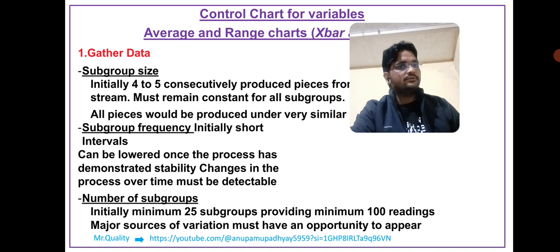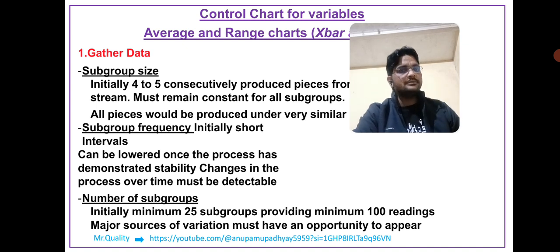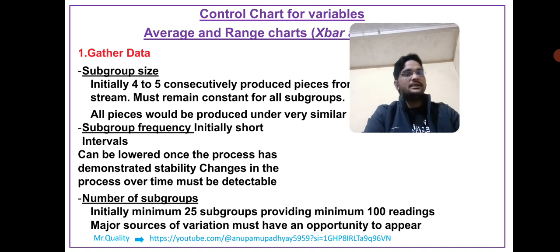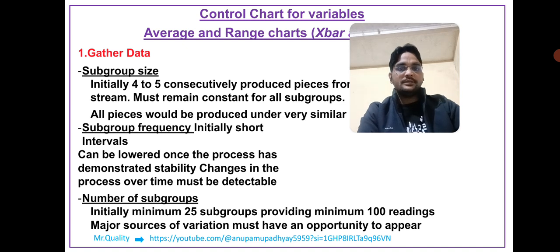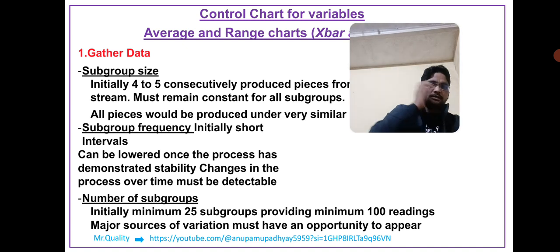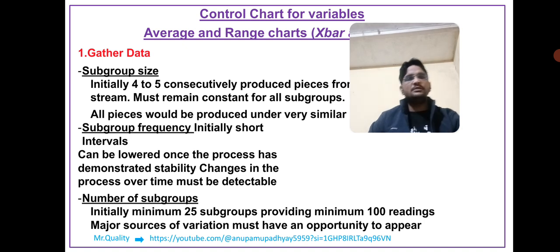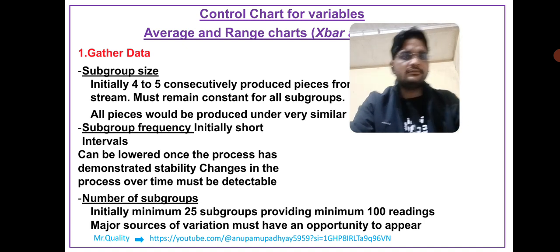Changes in the process over time must be detectable. Number of subgroups is initially a minimum of 25, providing a minimum of 100 readings, and major sources of variation must have an opportunity to appear. So with subgroup size 4 or 5, the number of subgroups is 20 or 25, meaning a minimum of 100 readings is required. Subgroup frequency is initially short and can be lowered once the process is stable.